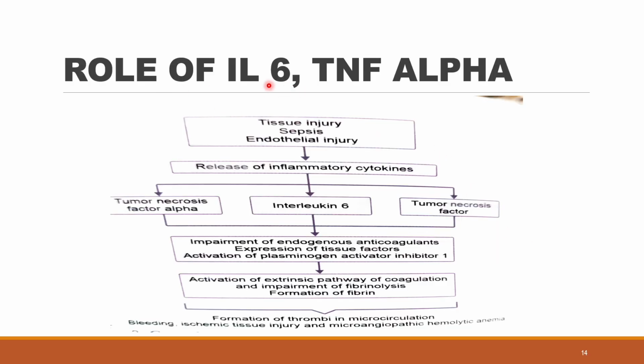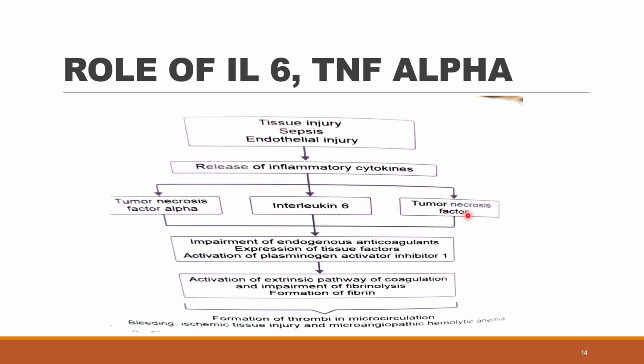Now, what is the role of interleukin 6 and tumor necrosis factor alpha, like those inflammatory mediators, in DIC? So, in an infection, particularly sepsis, because of tissue injury and endothelial injury, these inflammatory cytokines are released, particularly IL-1, IL-6, and tumor necrosis factor alpha.